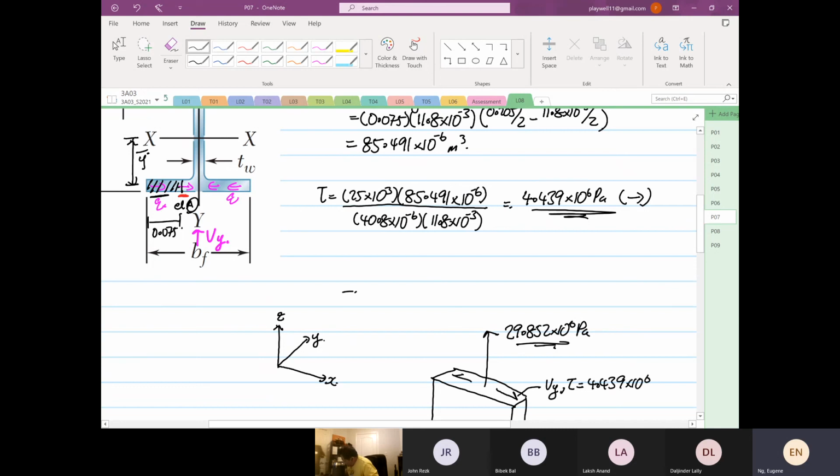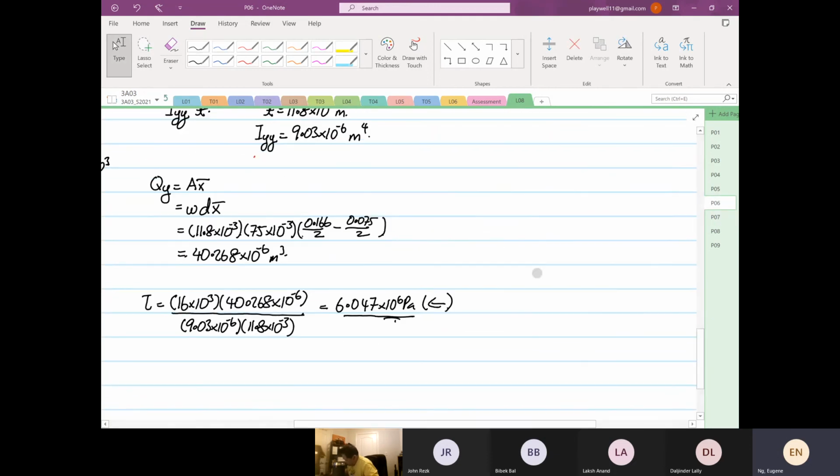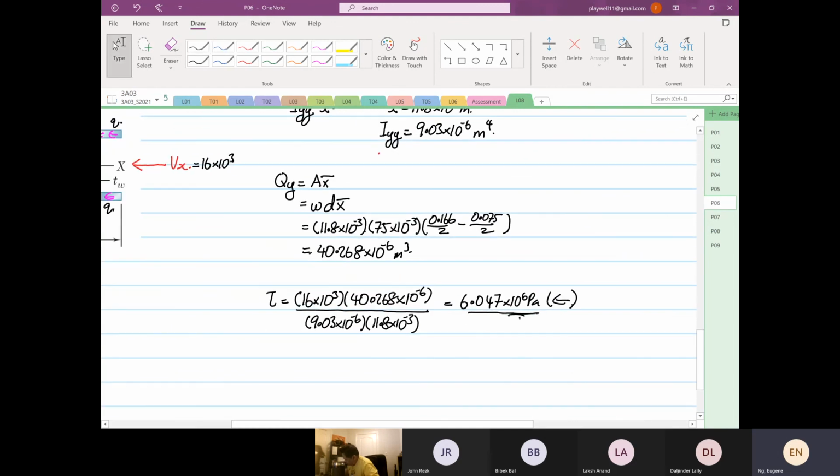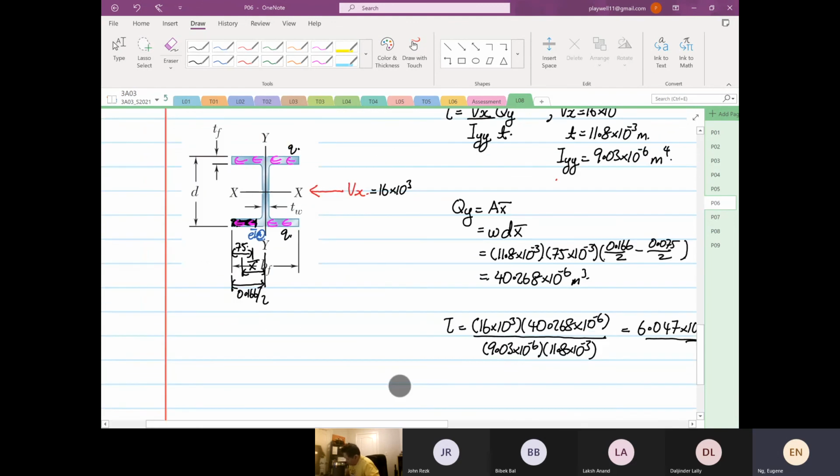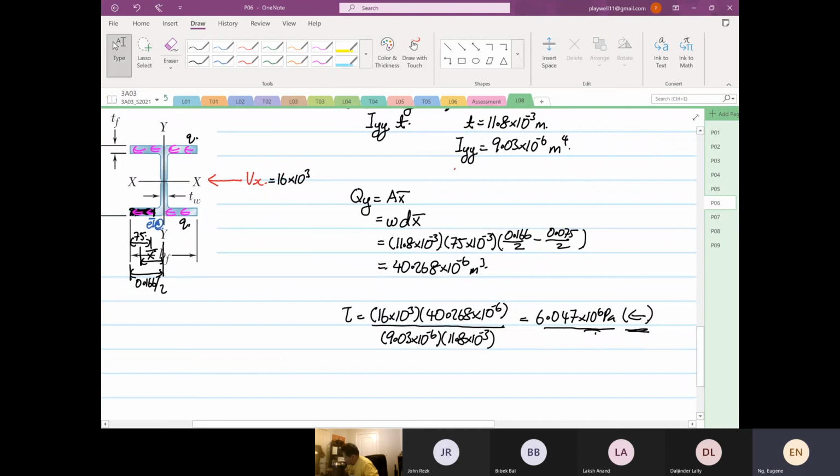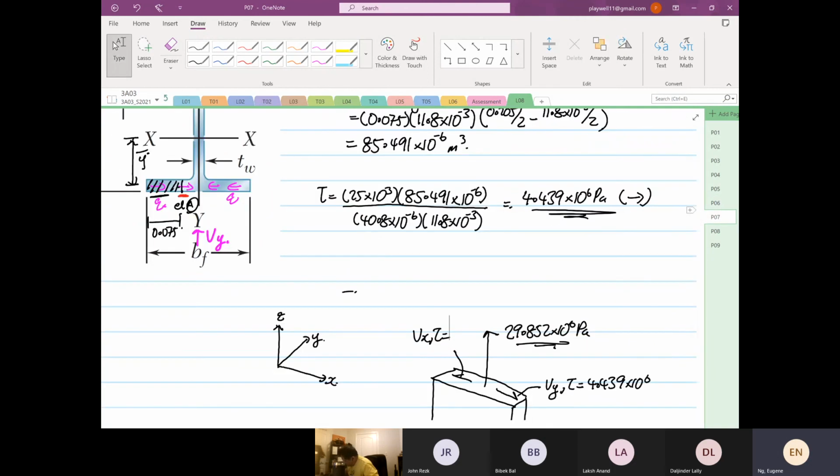The other one is in the opposite direction. This is due to your Vx, and the shear is equal to 6.047, right? It's in the opposite direction because of the design of the shear flow. Okay, so 6.047.